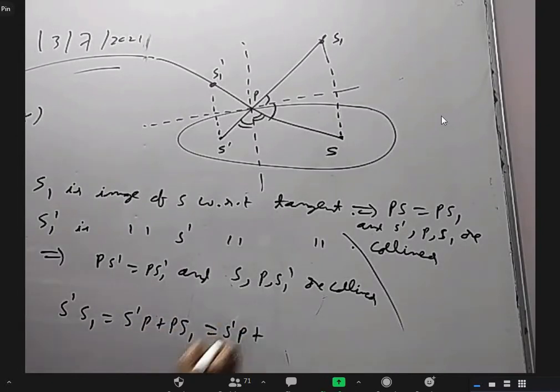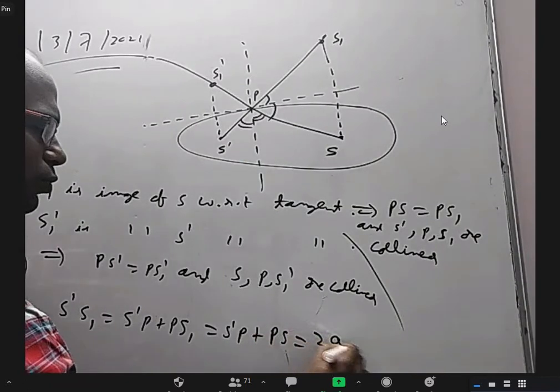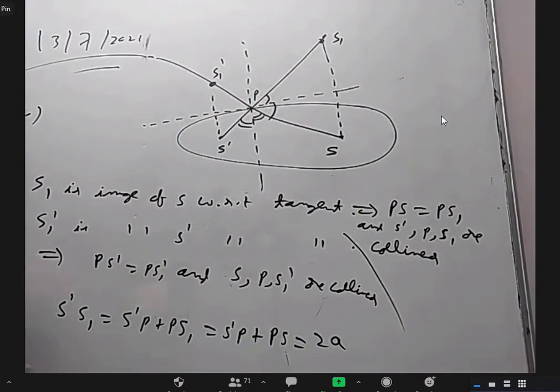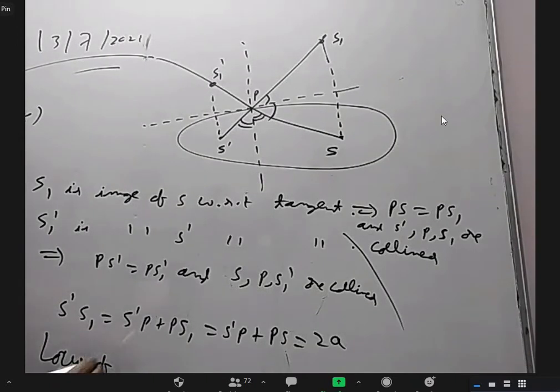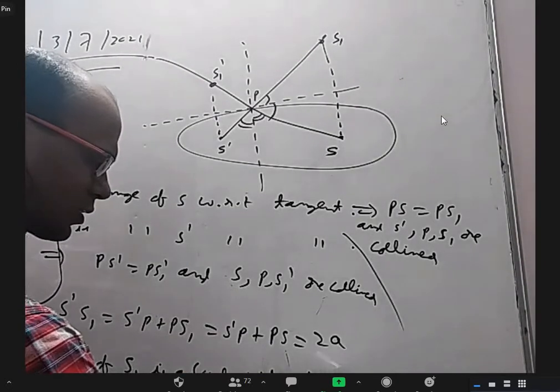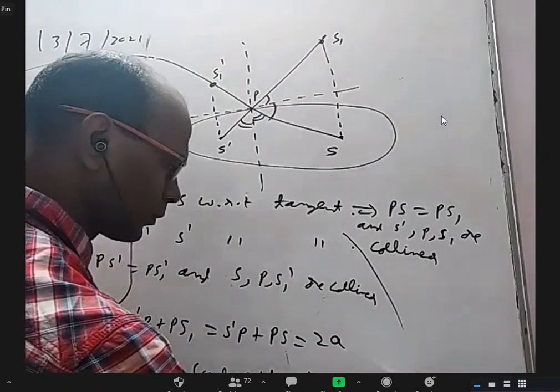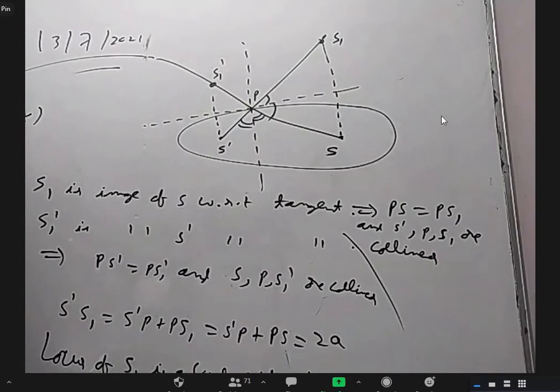S dash P plus, in the place of PS1, I can write PS, and that is 2A, we know. So based on this, the locus of S1 is a circle with S dash as center and 2A as the radius.